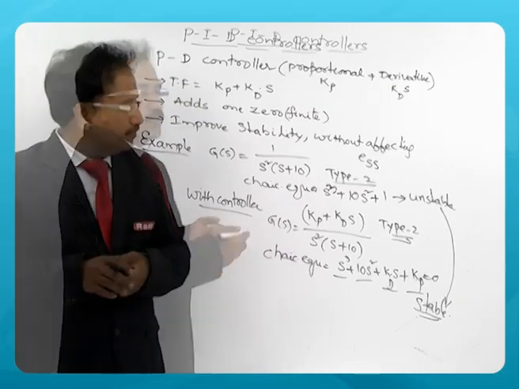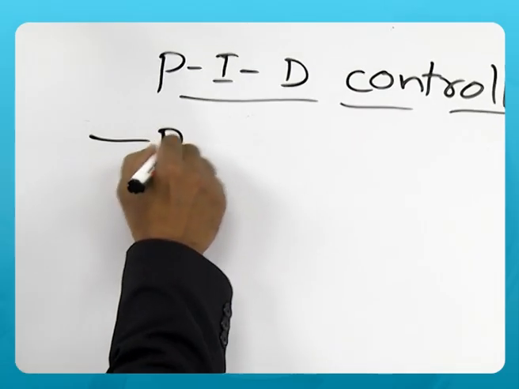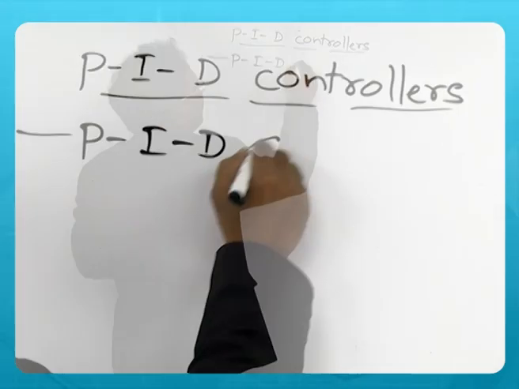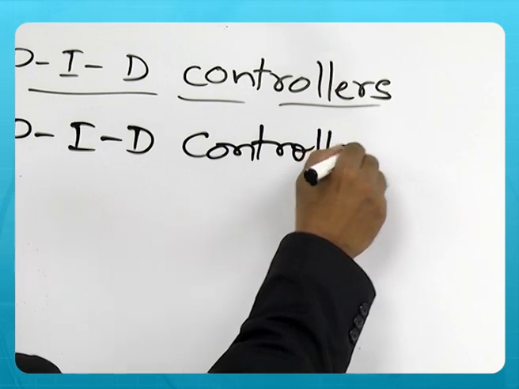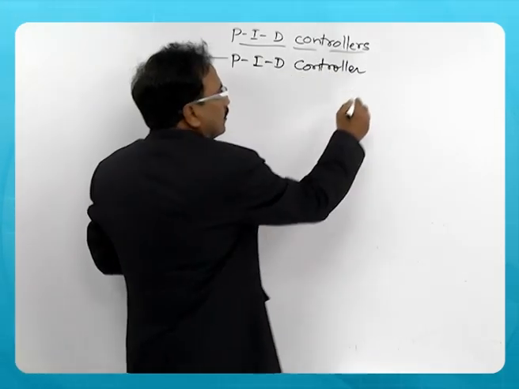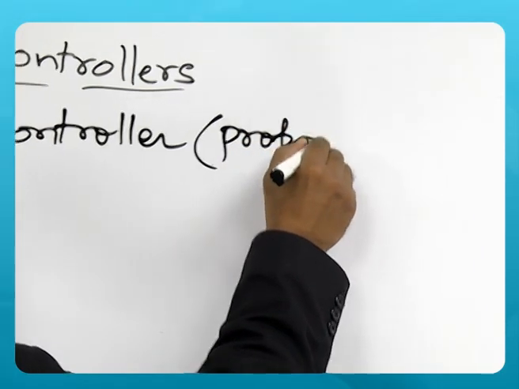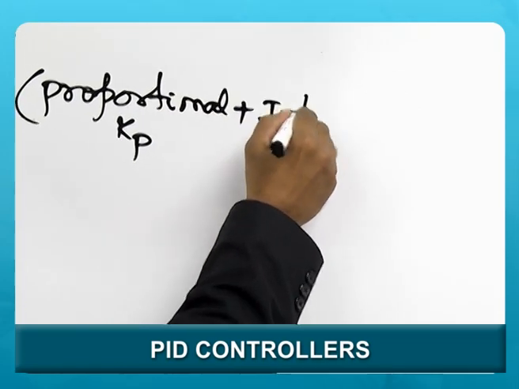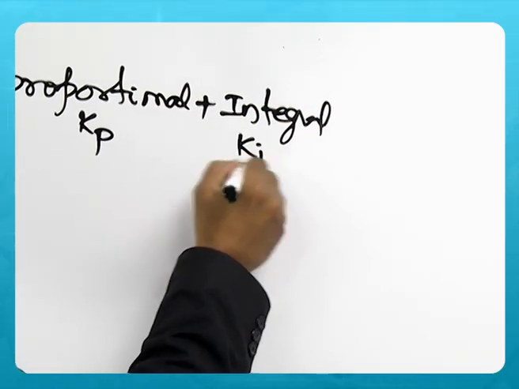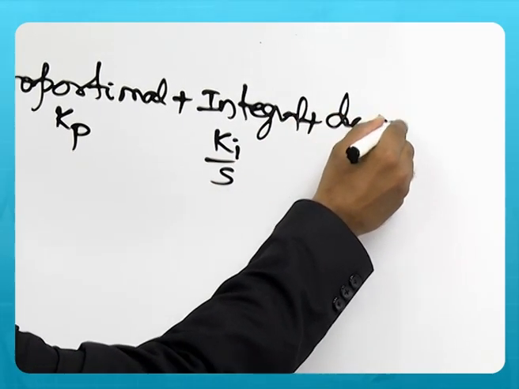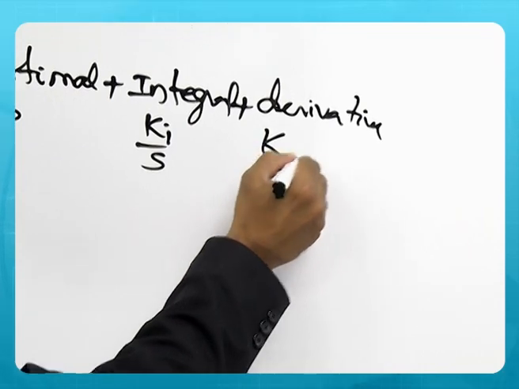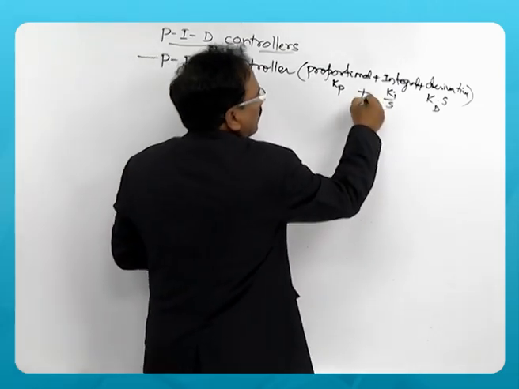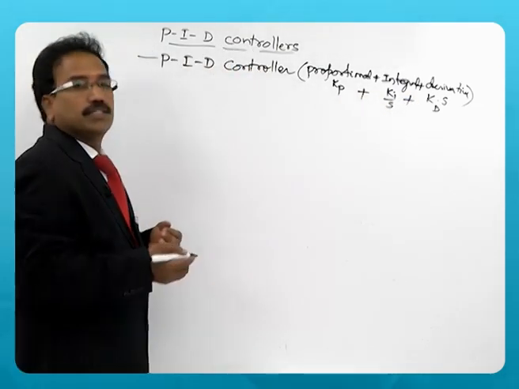So now, to have the advantage of proportional, integral and derivative controllers, all three are combined. The PID controller has proportional gain Kp plus integral Ki by S plus derivative Kd into S. So all three are combined, and that becomes the PID controller.